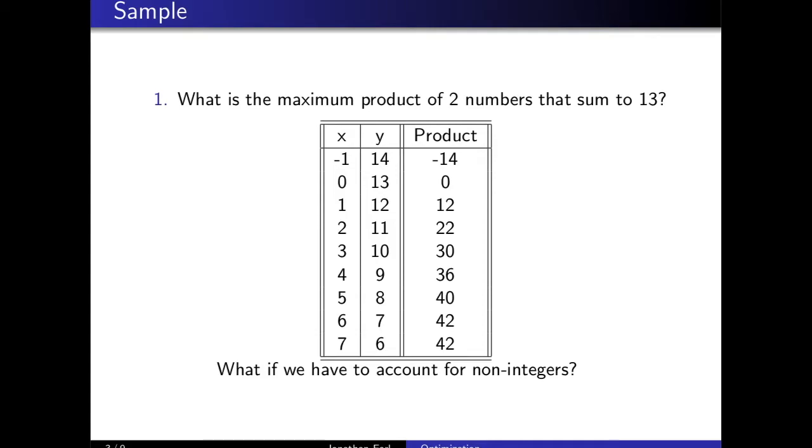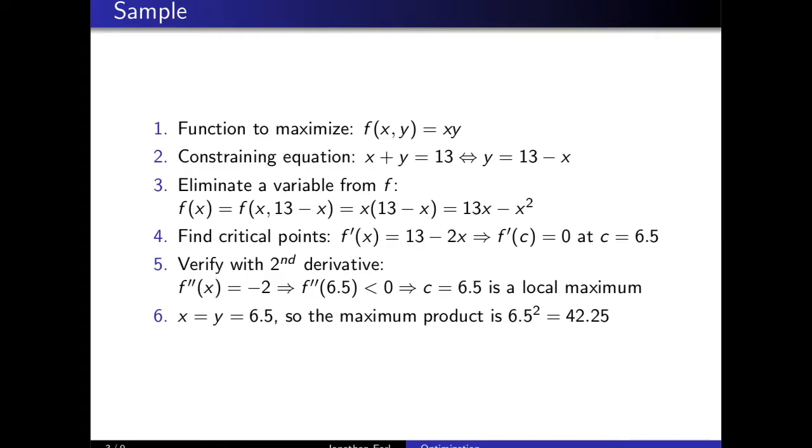So then we might wonder, what can we do if we aren't just considering integers? We have to consider rationals or just floating point numbers in general. Well, the approach that we're going to take is to say the thing we want to maximize is this function f of two variables, x and y, which is just the product x times y.